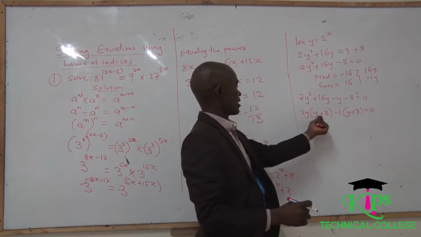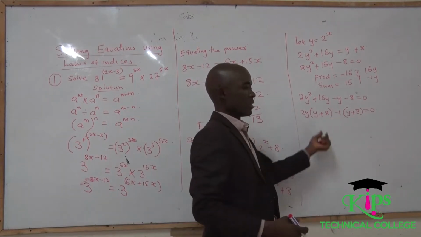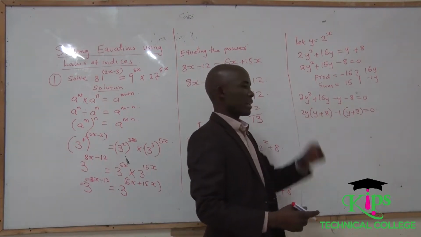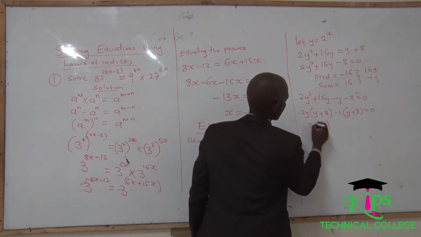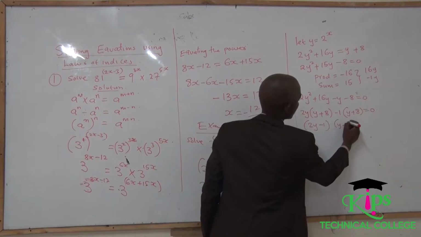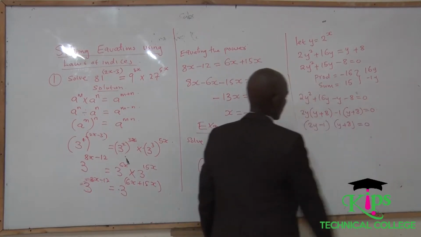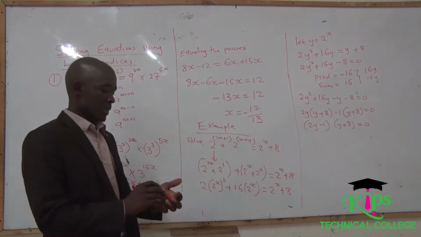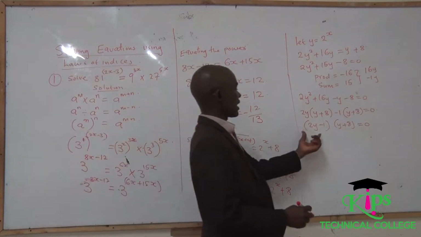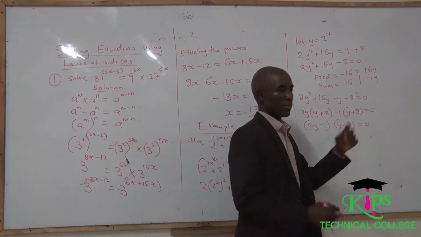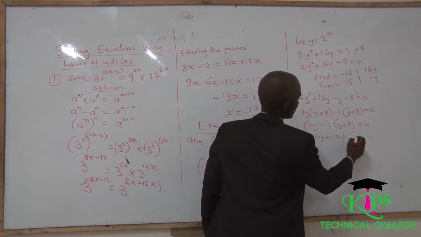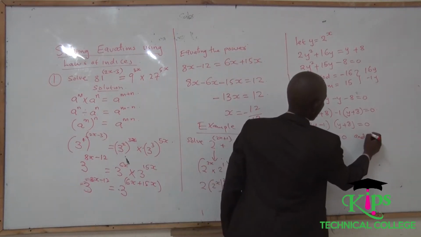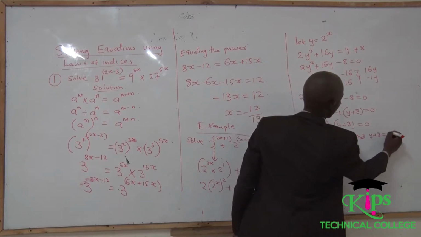So you pick what is outside the brackets and you combine, and you pick any bracket of your choice. So it becomes 2y minus 1 into y plus 8 is equal to 0. At this particular point, you can equate each bracket independently to 0. So that 2y minus 1 is equal to 0 and y plus 8 is equal to 0.